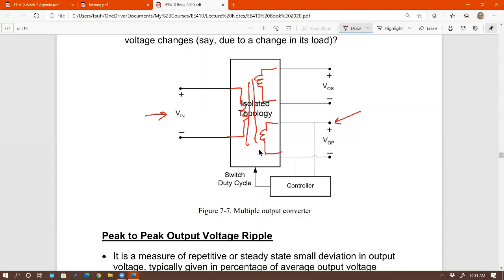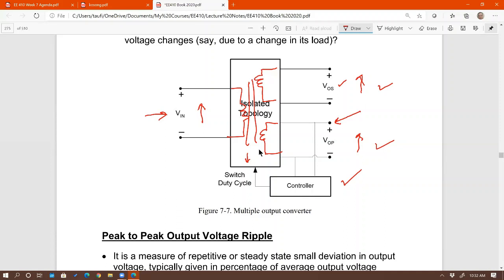Same thing, right? Because the input voltage has changed, the output voltage on the top one also changes, right? But then it's being helped by the bottom one. Again, as an example, if the input voltage goes up higher, duty cycle is going to go down, right? Based on this controller, both of these are going up. So even though only the bottom one is sensing it, the lower duty cycle will affect both the top and the bottom, right?